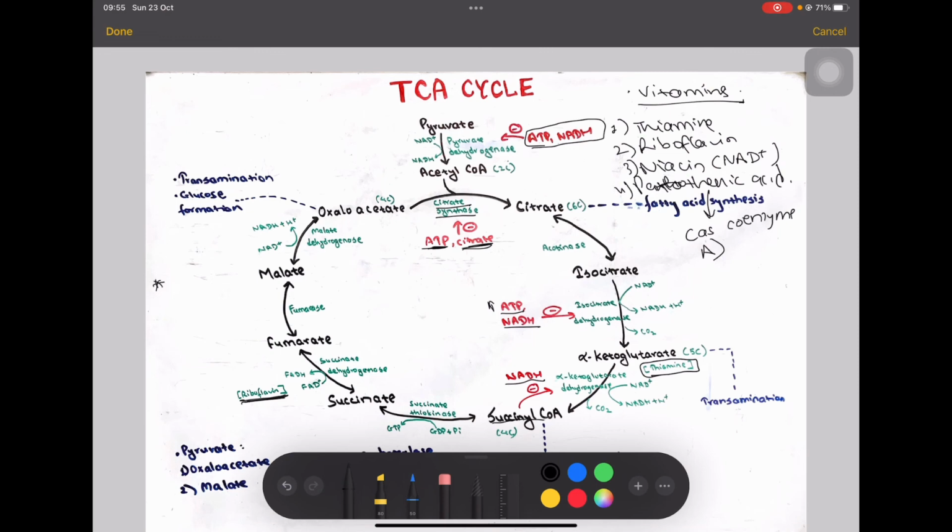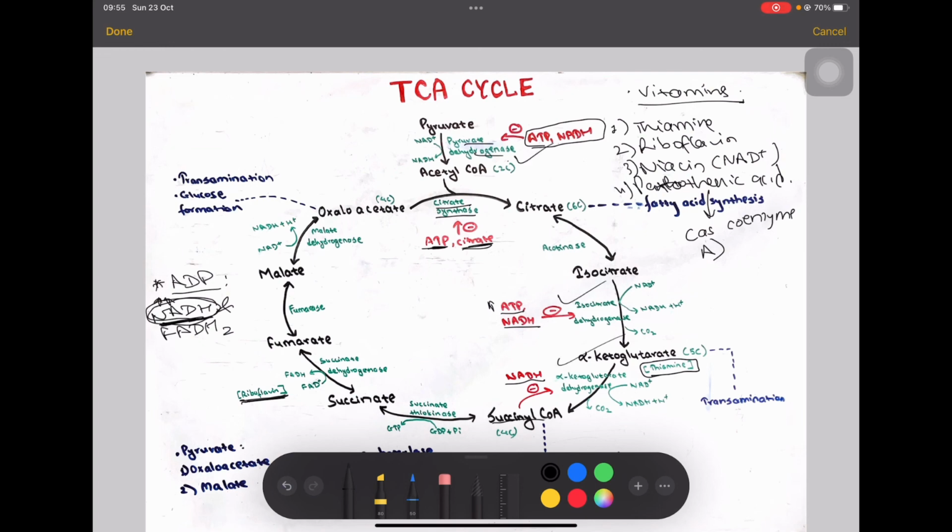Another very important thing is the availability of ADP. It is very important for the citric acid cycle to proceed, because if there is a low level of ADP, then the oxidation of NADH and FADH2 through the electron transport chain stops. So what happens is NADH will increase, and we have already discussed how NADH is going to inhibit our enzymes.